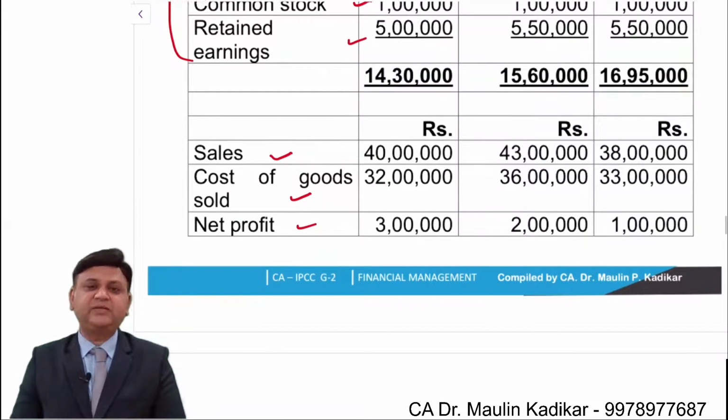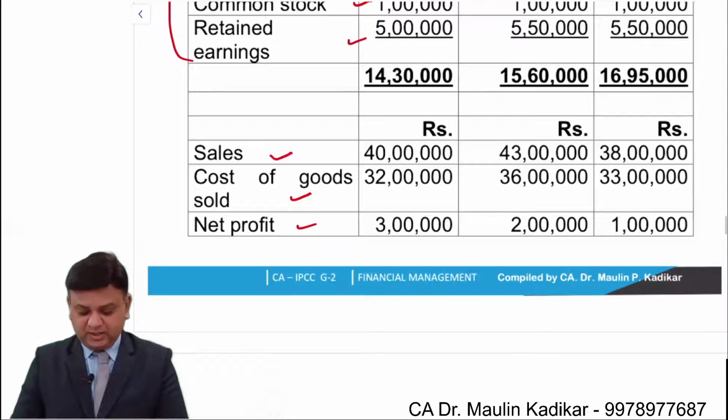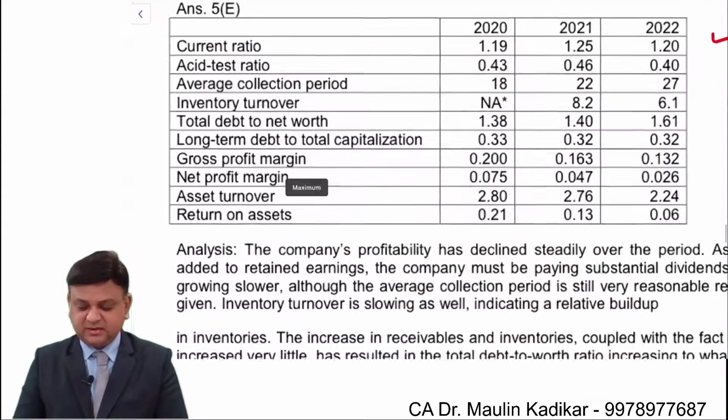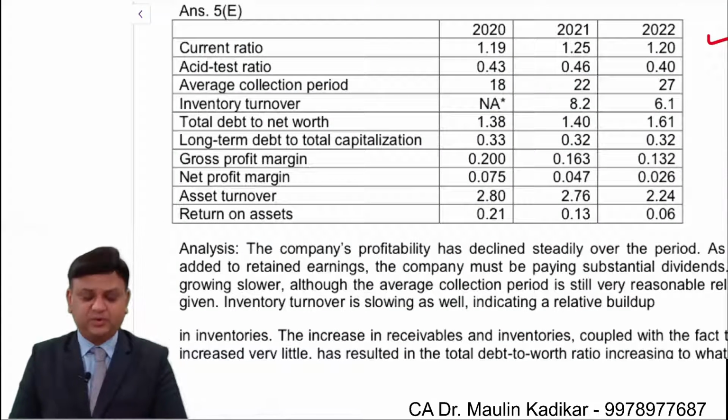Then you have been provided with sales and stock, so you can calculate debtors, and the debtors turnover ratio, creditors turnover ratio, stock turnover ratio, all these things. Over here you can see the institute suggested answer I have provided.